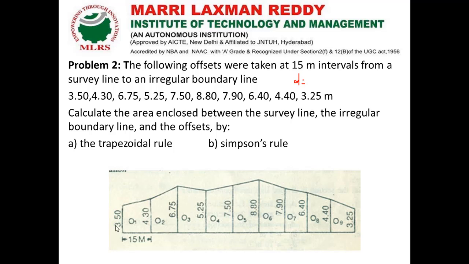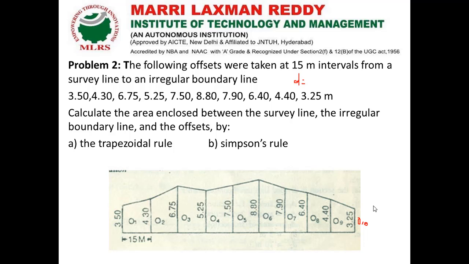Here, the offset ordinates are O1, O2, O3, O4, O5, O6, O7, O8, O9 and O10. So here the ordinates are in even number. Then we go for a calculation using Simpson's rule.